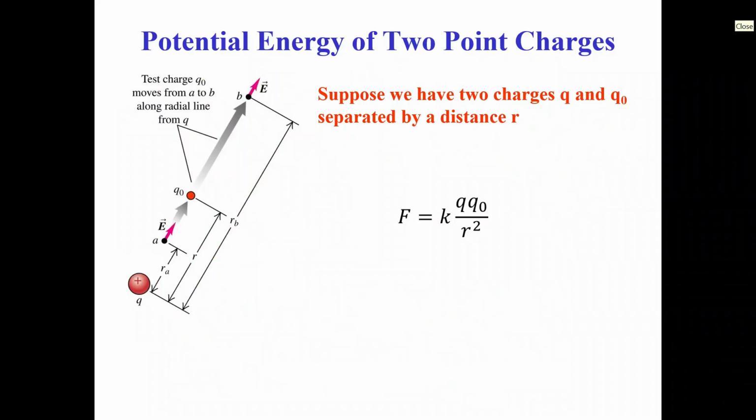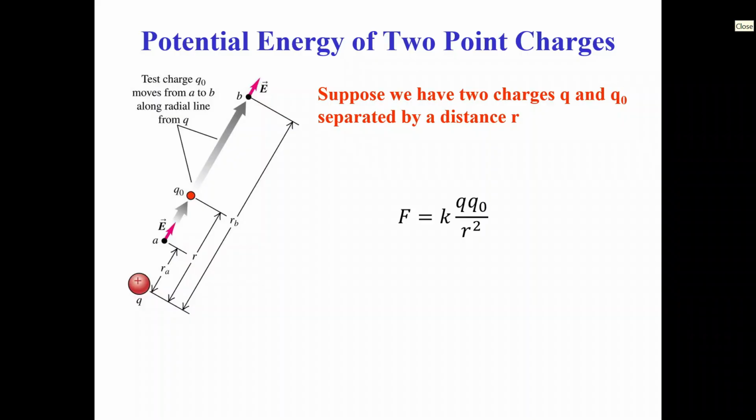So parallel plates are pretty easy. When we look at a point charge, it's a little more complicated, because we know that the electric field gets weaker the further we go, because our electric field is kQ over r squared, so the further away you go, the much weaker the field. So this is going to be a little more complicated.